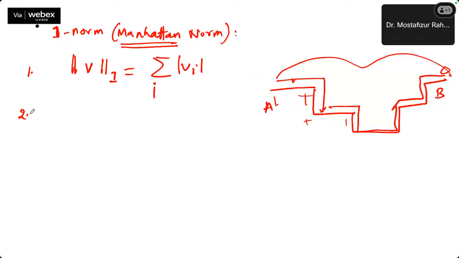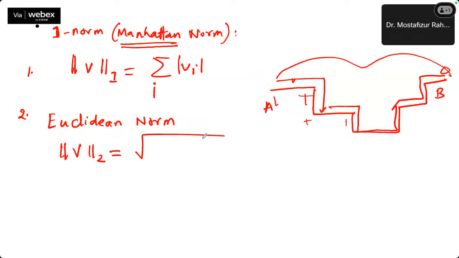The second norm is also very common. This is called the Euclidean norm, denoted by the two norm of v, where you take the individual squares, so vi squared. This is often used in error calculations, like mean square error, MSE, and many other places.